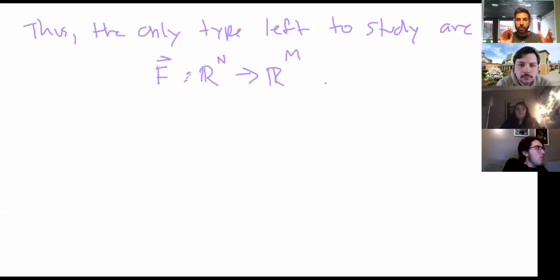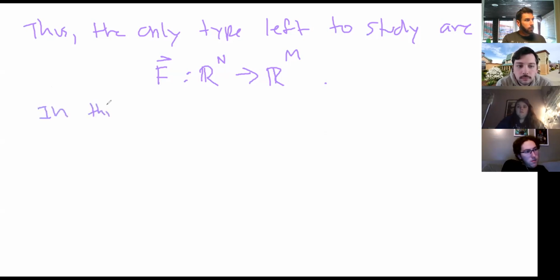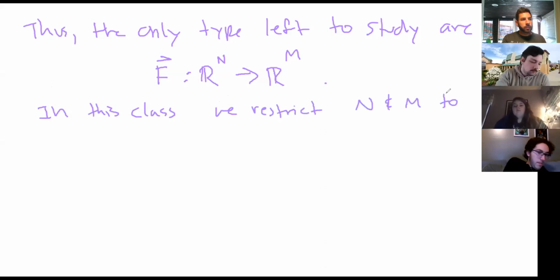Now notice I used 2 different letters here, N and M, because in general, you might give it a vector of 2 inputs, but it might spit out a vector of 13. You might give it a vector of 3 inputs and it might spit out 47. So in this class, we restrict N and M to 2 and 3.